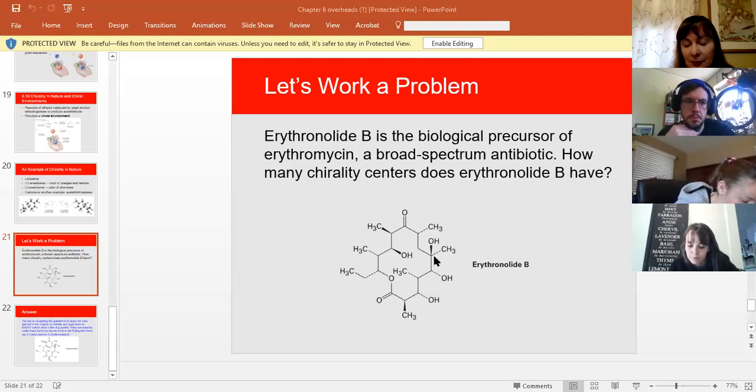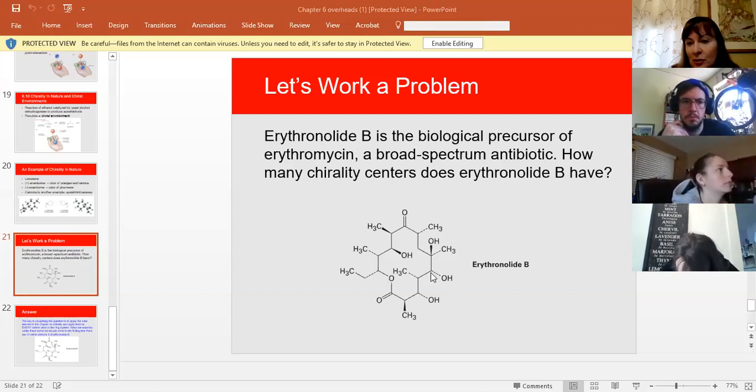And on the bottom, you go to this CH that has an OH attached to it, right? And on the top, you go to the CH2. Is this CH2 different from this CHOH? Yes. So this carbon must be a chiral center.